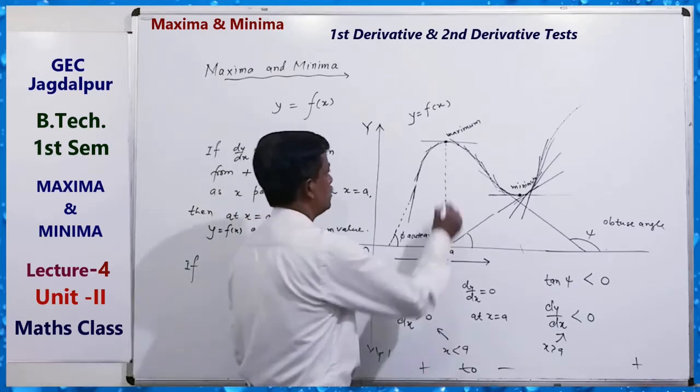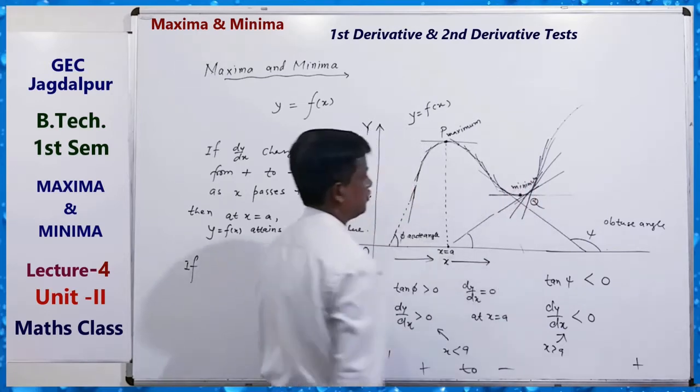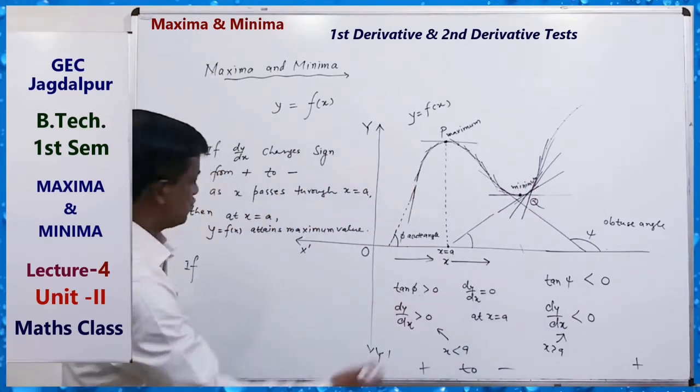Okay. Suppose this is P, and suppose this point is Q. So negative to positive.